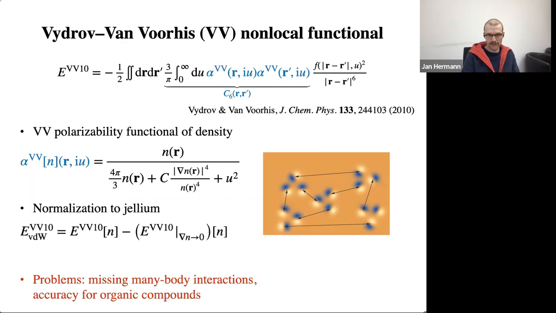So by simply taking a limit of this expression when the gradient goes to 0 and subtracting it from the functional itself. So then when you have a metallic density with very small gradient, this gives you essentially a 0 contribution from van der Waals interactions, which is exactly what you need when you then combine this with the density functional description, which already captures those for metals.